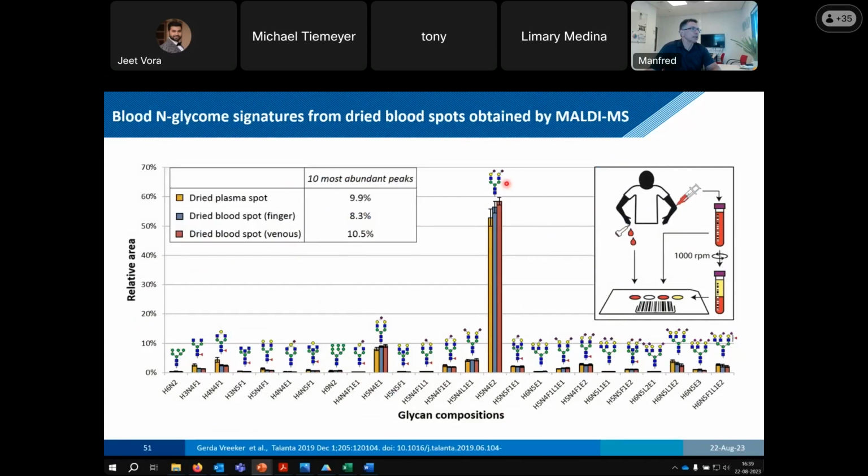Now, what is interesting is that we can measure these plasma glycomic signatures from serum plasma, from processed blood, let's say. You can also simply use dried blood spots and get a virtually identical glycomic signature, and that's shown here.